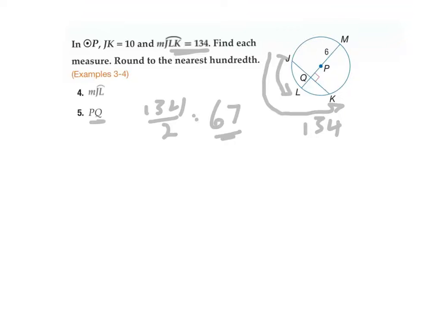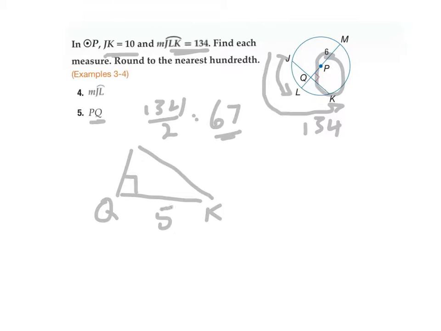All right, PQ is a little bit different. So let's have a look at what you've got. I'm going to take this section here. So let's have a look at this triangle that we know. Okay, what do we know? We know that this is a right angle. We also know that JK is 10. So here's Q, here's K. So if JK is 10, QK will be 5. What else do we know?